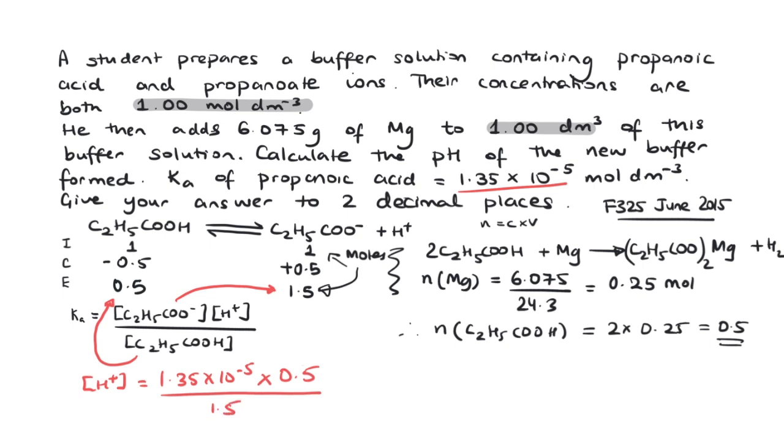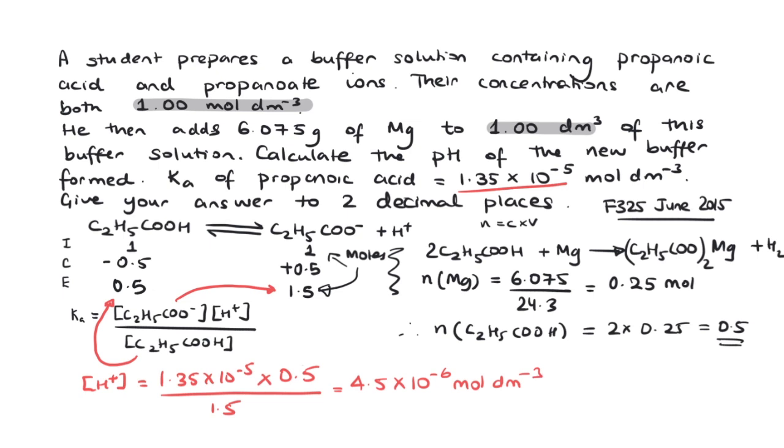Okay, so let's work this out. We just type these numbers in, 0.5 and so on. Let's see what that gives me. Okay, right, so that gives me 4.5 times 10 to the power of minus 6 moles per decimetre cubed of the concentration.